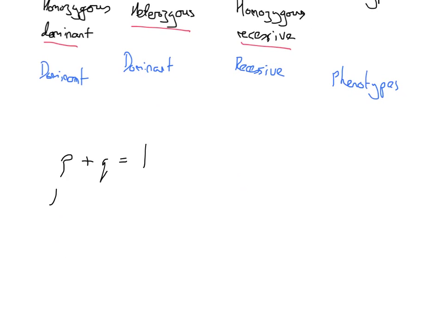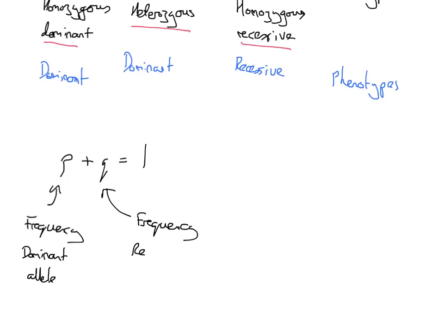Now, p is the frequency of the dominant allele, whereas q is the frequency of the recessive allele. Now, how we use these two equations is best looked at through examples.